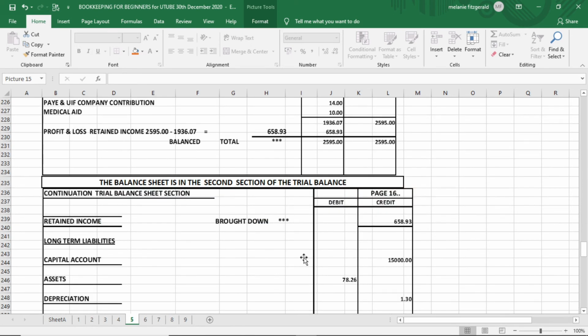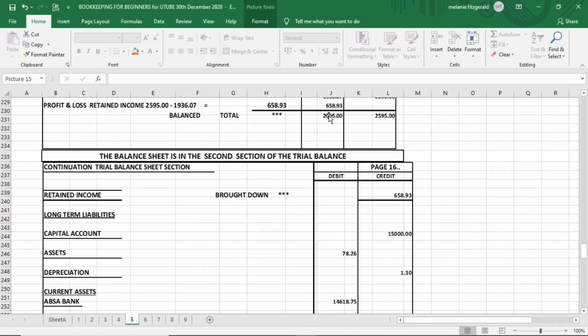All right, the balance. The balance sheet is in the second section of the trial balance. This is a continuation of the trial balance. All right, so the retained income brought forward, that's 658 and 93 cents, that profit we made, we're bringing it in on the credit side of the trial balance.